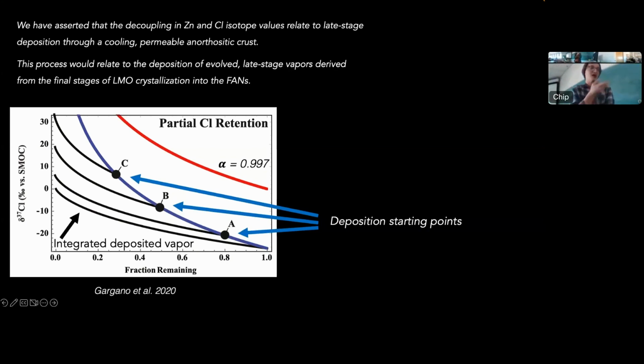And the question becomes, how much is left over, and how do you get the systematics of increased chlorine content and isotope value? I think the source of this really has to be some kind of final dregs of magma ocean crystallization, whether that be KREEP or something else. I don't see any direct evidence for what reservoir that could be derived from, but a KREEP-like reservoir seems to be most logical. If it is a KREEP-like reservoir, it appears to have only brought chlorine and not anything else with it. And that's where I think it's most likely from.